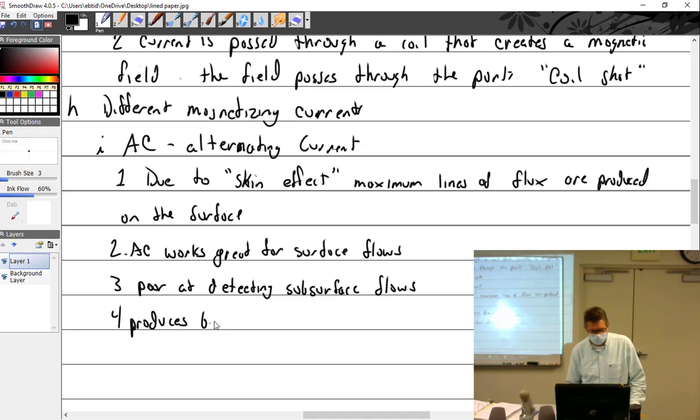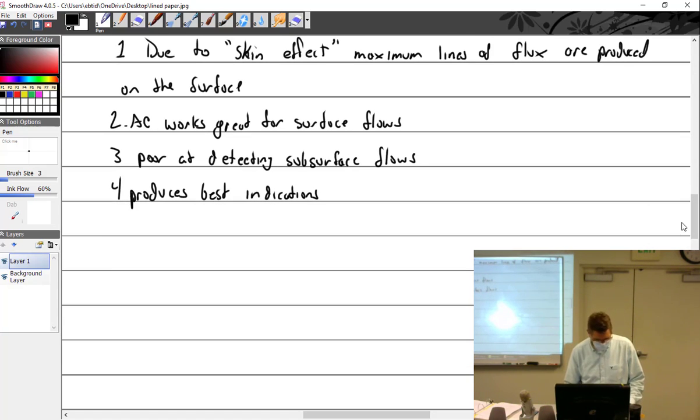Produces the best indications because it causes the particles to dance around.